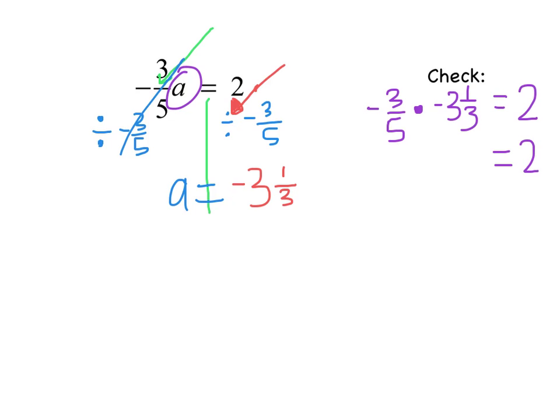Well, I know what one side equals. That's 2. I'm going to type into my calculator -3 ABC 5 multiplied by, make sure that's multiplication, multiplied by -3 ABC 1, ABC 3, and indeed we do get 2. So we know that this is our final answer.